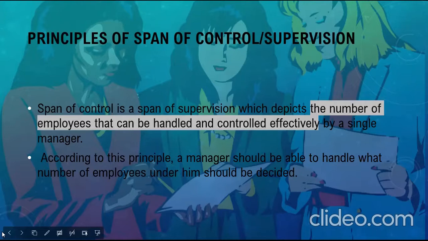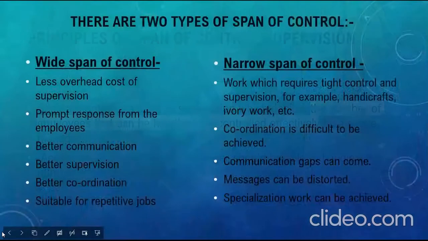The span of control could be narrow, where there are few individuals who report to the same manager, or it can be wide, where many individuals report to one manager. But it is very well understood, and as per research, that one brain can control 3 to maximum 6 brains at the immediate need. And hence, it is important to maintain the span of control.